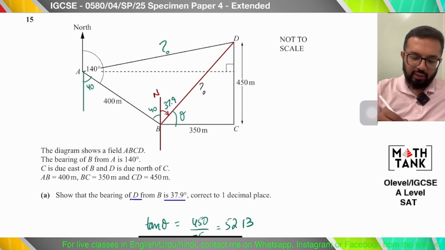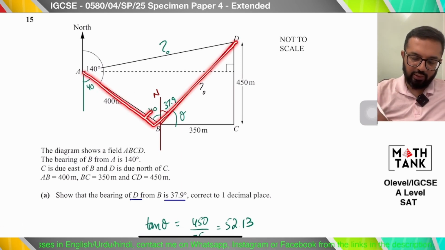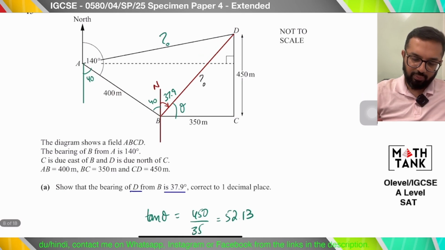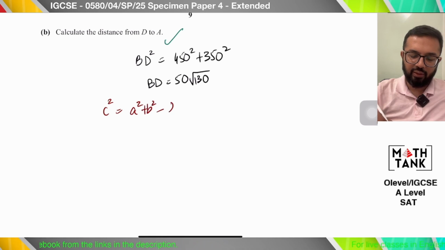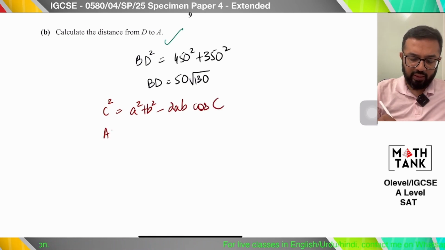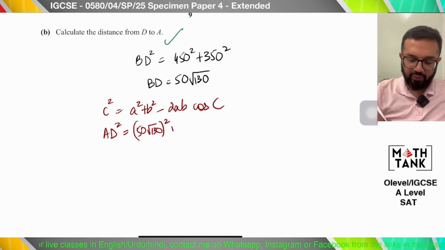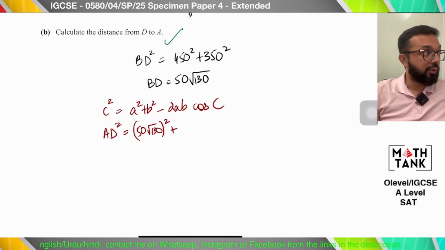Now I see that I have two sides and the included angle. What I can go on and apply is the cosine rule. The cosine rule says that c squared equals a squared plus b squared minus 2ab cos C, where c is the unknown side. In that case, that's AD. I have one side as 50 root 130, and I'm going to square that.